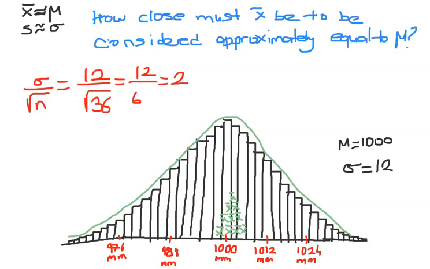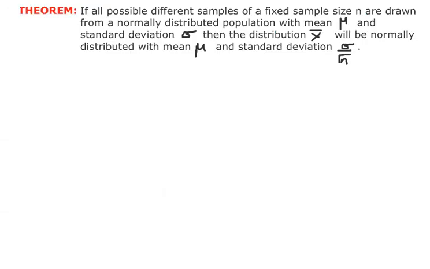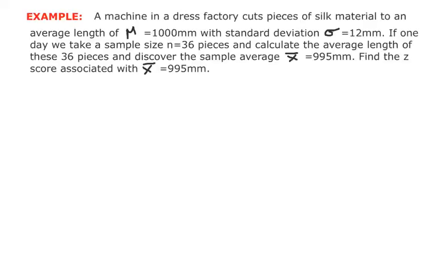So let's do an example related to this one. A machine in a dress factory cuts pieces of silk material to an average length of mu equal to 1000 millimeters with standard deviation sigma equal to 12 millimeters.